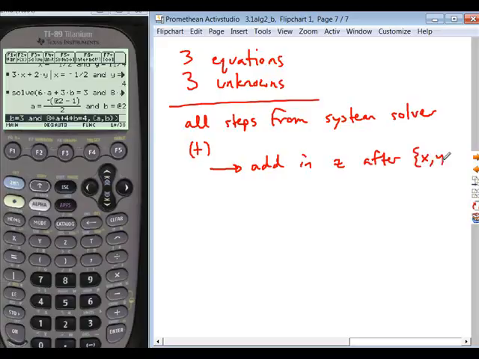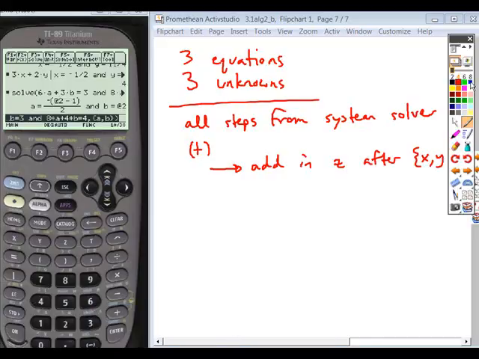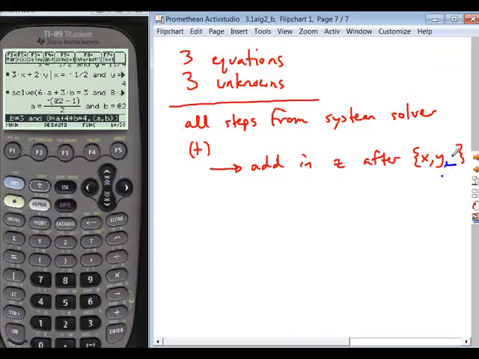In the x, comma, y, comma space, what that involves is right here, you'll just have to add a comma z. And then you'll also have to add in another and so that you can fit your third equation in.